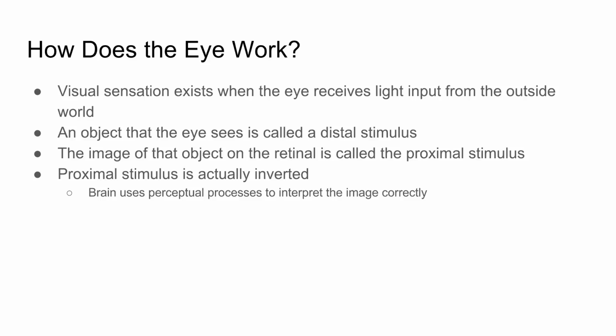This item exists only so much as we see it on our retina. And that proximal stimulus is actually inverted. I'm sure you've heard of this before: what you see, you actually see upside down, and then your brain processes it and flips it right side up.